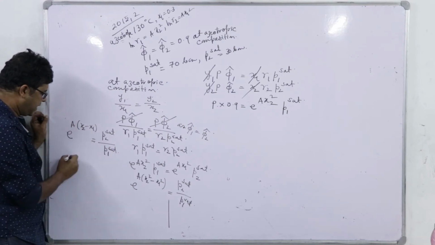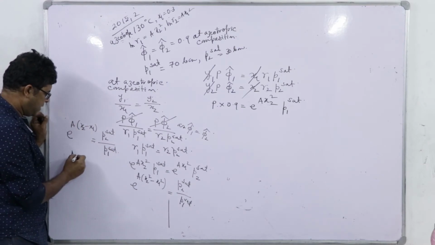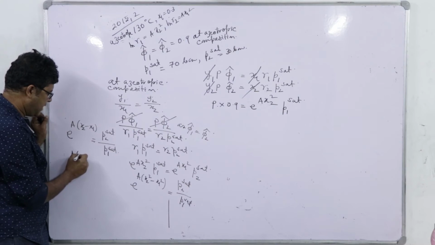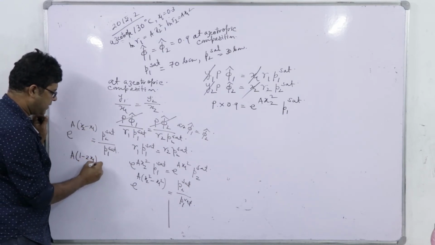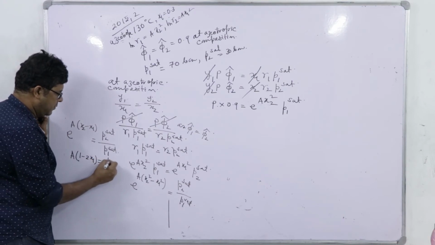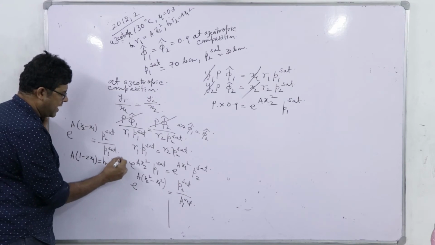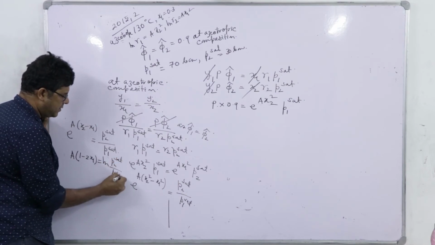So a into x2, where x2 is 1 minus x1, right? So a into 1 minus 2x1 is equal to ln of P2 sat by P1 sat.